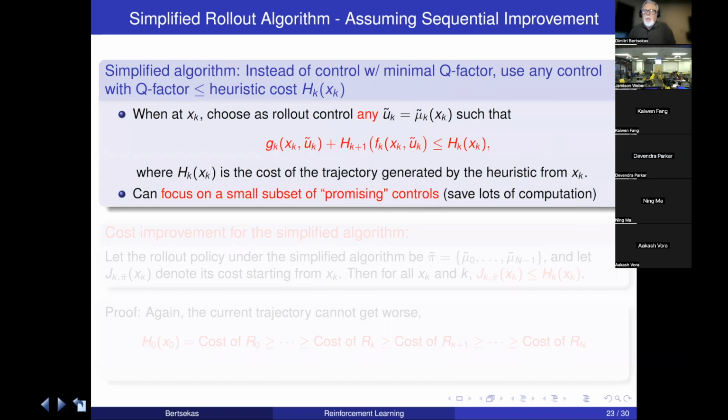As an example, I mentioned earlier the solution of the Wordle puzzle using a rollout approach. And in the Wordle case, the number of Q factors at every state is like 12,500, okay?